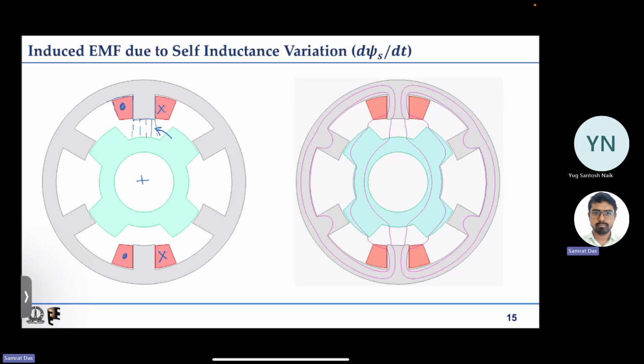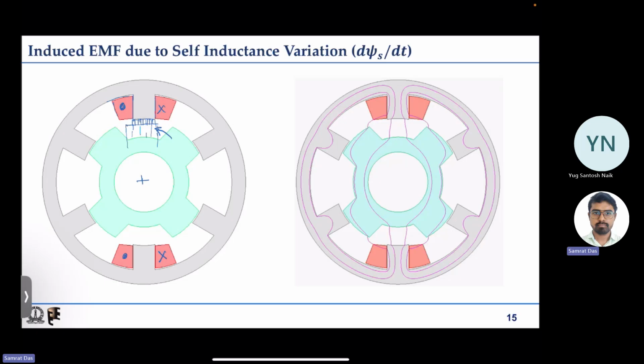But suppose the rotor rotates and comes to this position, then there is direct overlap between the teeth of the stator and rotor. So the effective reluctance drastically reduces, because there is only a small air gap between the stator and the rotor. So the reluctance goes down, so the inductance goes up.